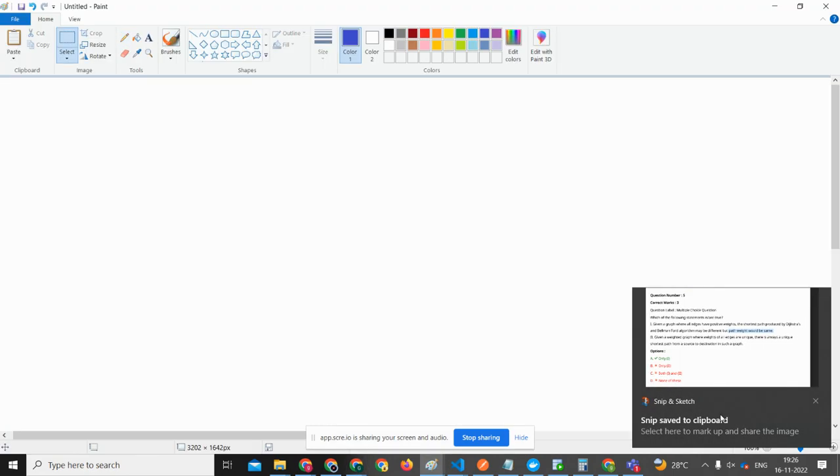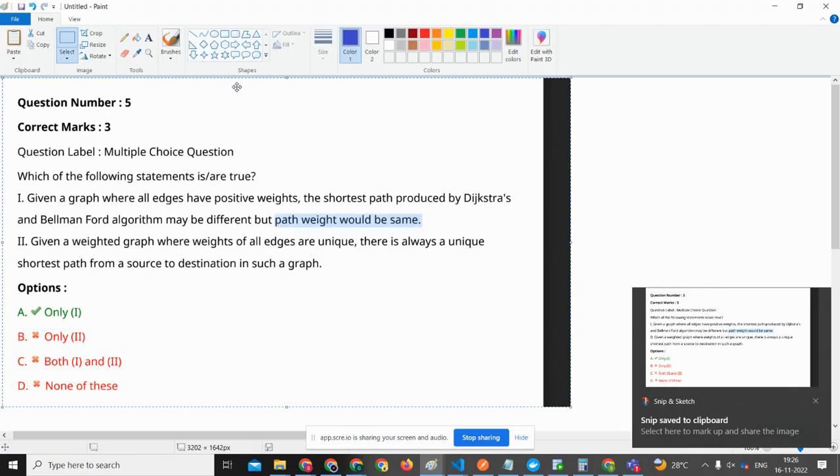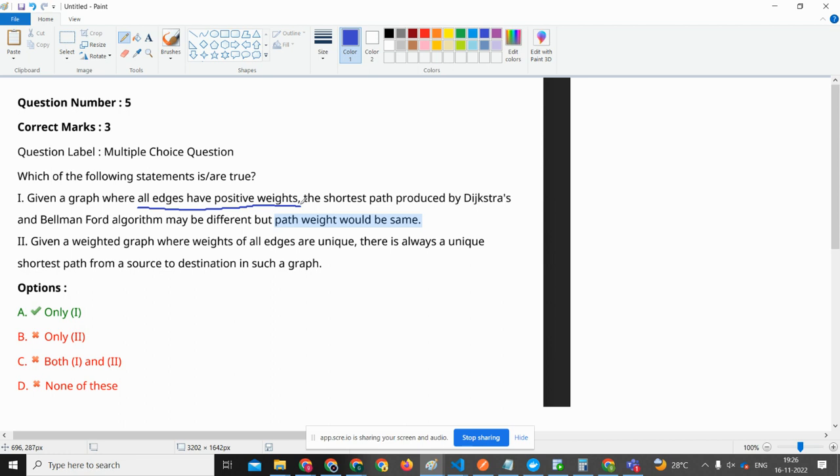So let's explore one option at a time, one statement at a time. We are given a graph. All edges are positive weights. Fine. So if all are positive, we can use Dijkstra's, right? And Dijkstra's doesn't allow edges to have negative weights, right? So we have Bellman-Ford. What's it saying?